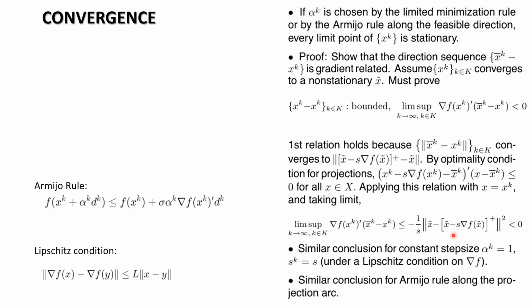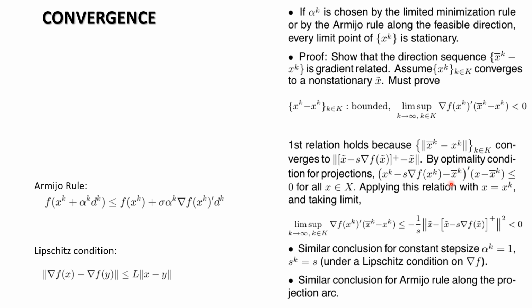So X is compact, and this norm between x bar k and xk is bounded as well. So the first condition is satisfied, and the second relation is about the descent condition.